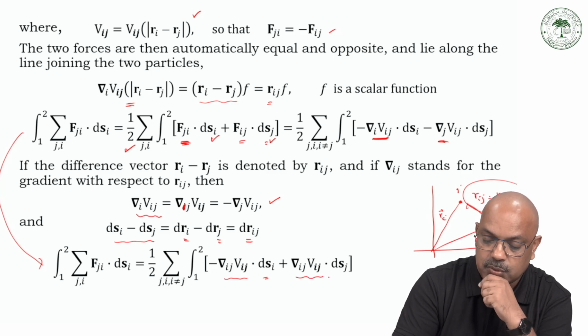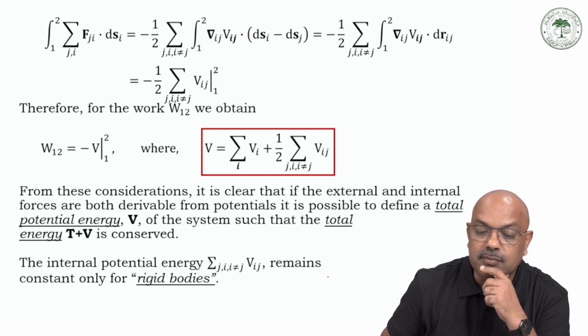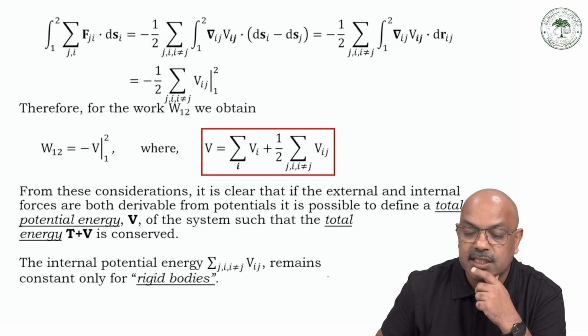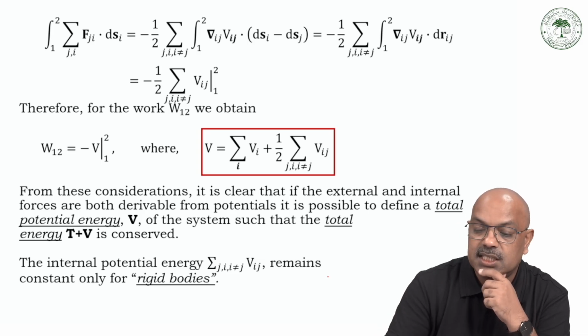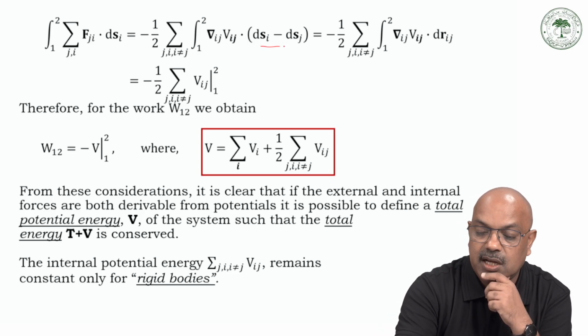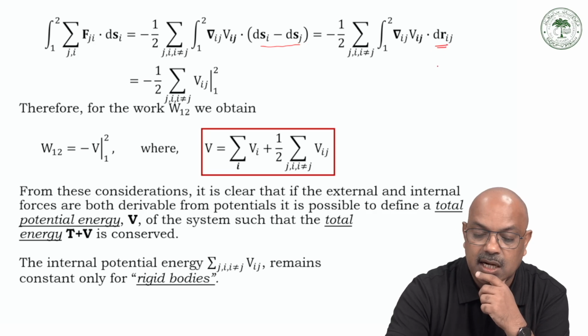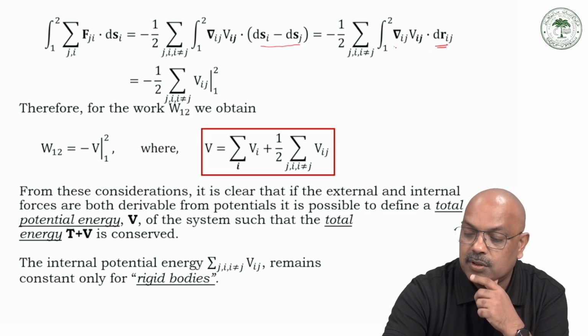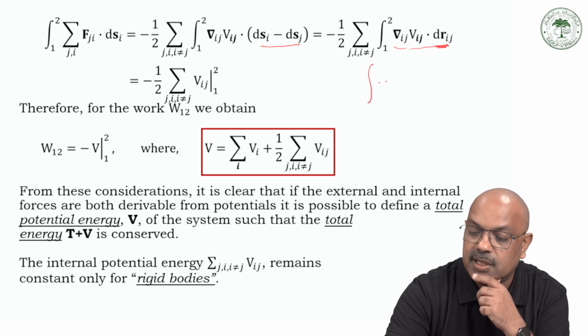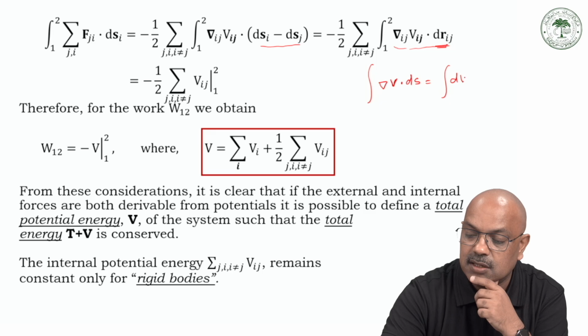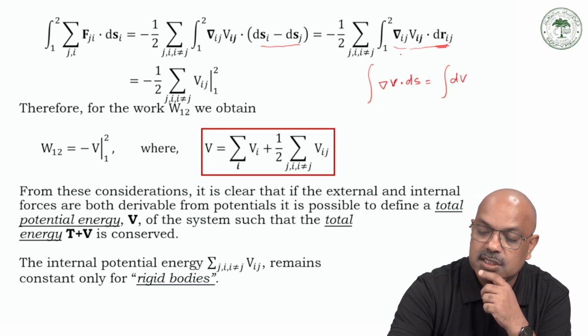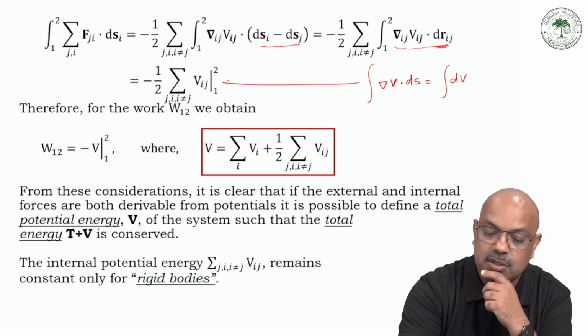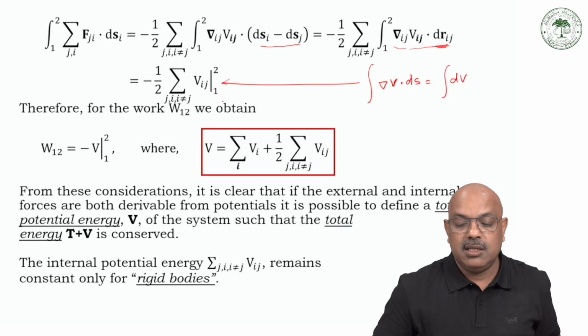Okay, so then with the half factor, this is going to be delta R_ij, and now we reach the same expression that delta V dot ds is going to be dV. So this is again going to give me the change in the potential.